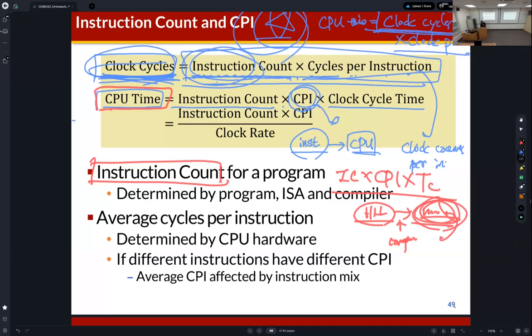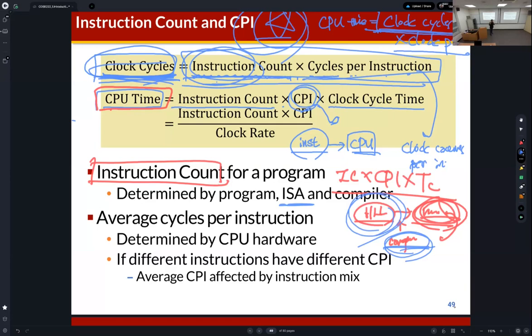So the quality of the high-level language code, also the quality of the compiler, also the compiler compiles this code based on the instruction set architecture, which means ISA. These factors decide the instruction count.